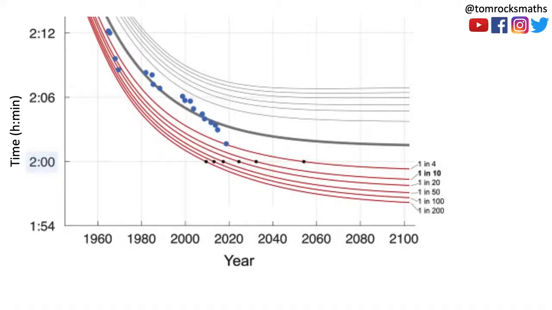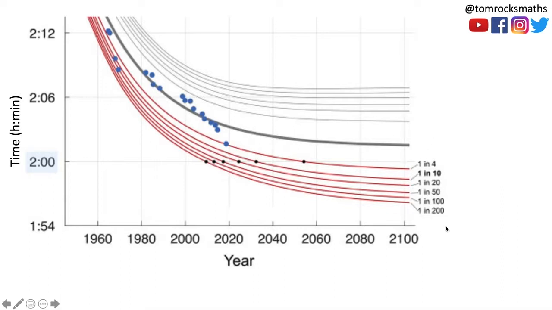And finally, looking at our exponential curve, the grey line here in this plot, we can see that again, this is going flat before we get to 2 hours. There's this gap here. So just like with the quadratic, this actually predicts purely as a line of best fit that we shouldn't expect the record to go below 2 hours.